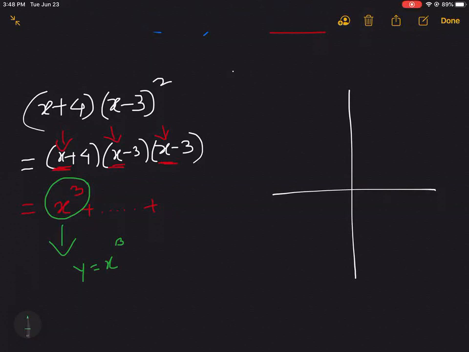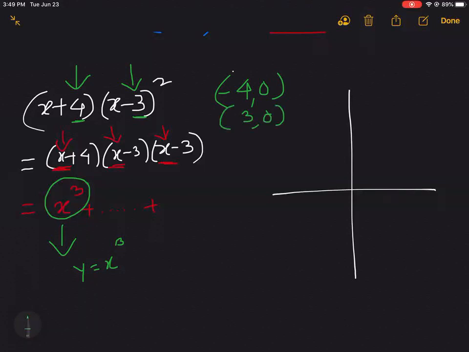The end behavior, it will behave like x cubed. You have seen this, I think, in 4.1 or 2, right? So it will behave like x cubed. And of course, x cubed goes below the x-axis. We haven't gone this far, we'll actually go there. And we can actually see the x-intercepts as well. We'll have an intercept at -4, 0 from this, and at 3, 0 from this, right?